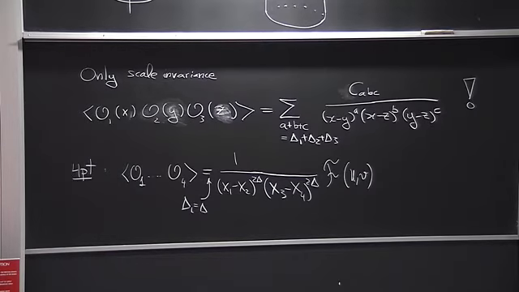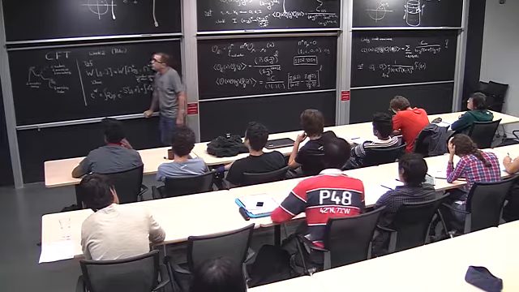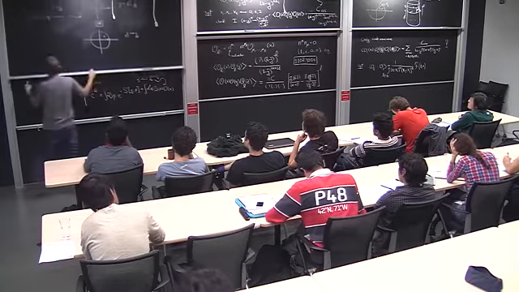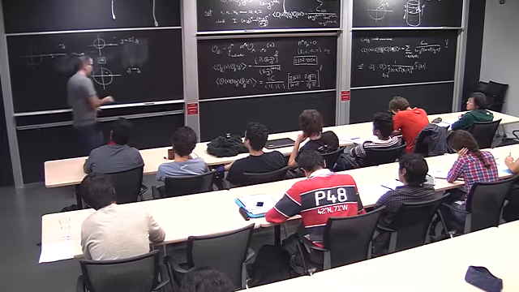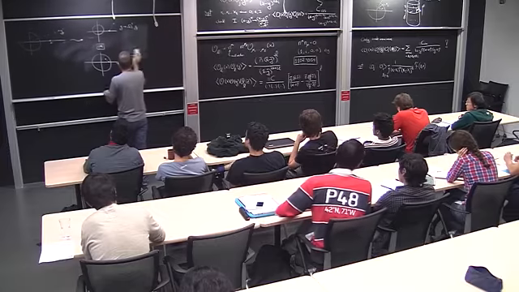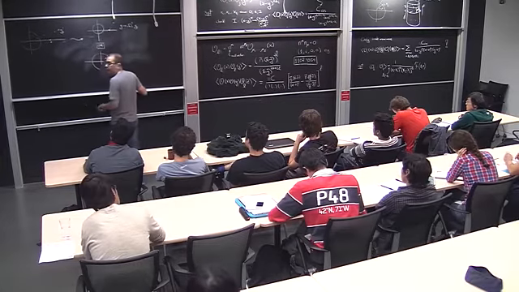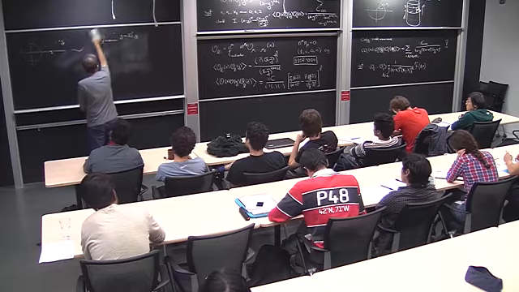These are combinations of coordinates that you can form only starting with 4 points that are invariant under conformal transformations.